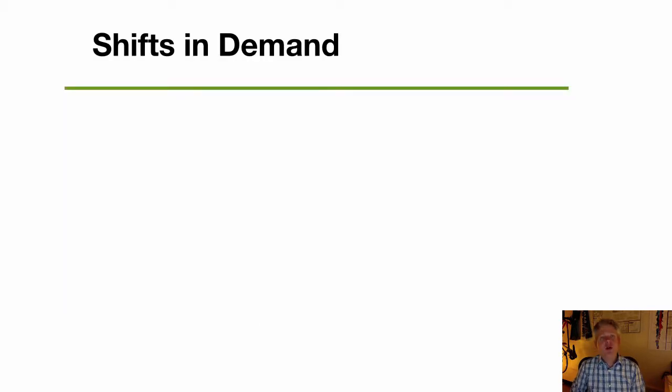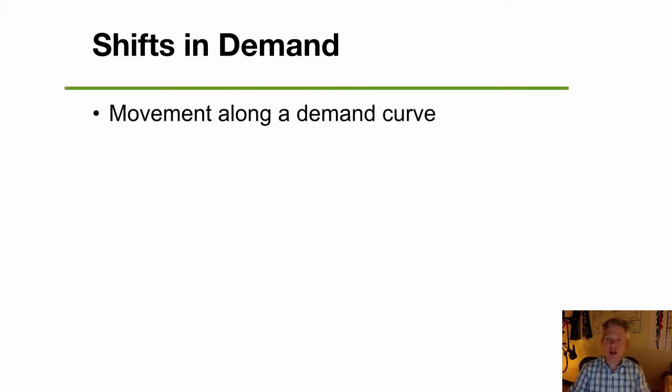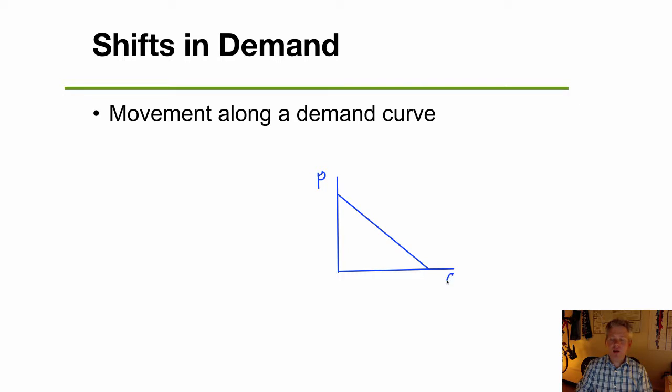So the first thing to make clear is when we're talking about movement along a demand curve and when we're talking about a shift in a demand curve. For a demand curve, we had something that looked like this. And of course, we had price, and then we had quantity.